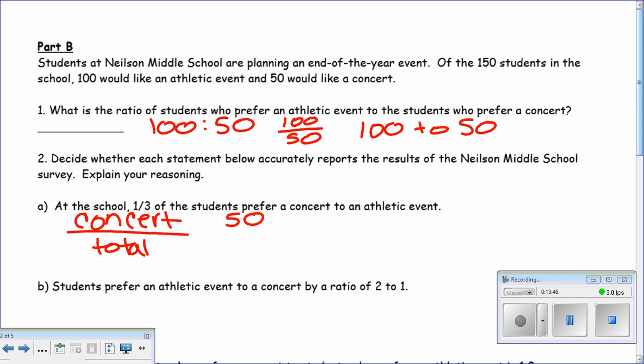And how many total students? 150. So if we were to simplify this, what does it simplify to? 1/3, which is the true statement that 1/3 of the students prefer a concert. So yes, because 50 over 150 simplifies to 1/3.